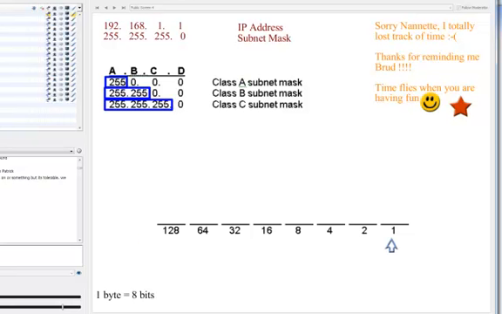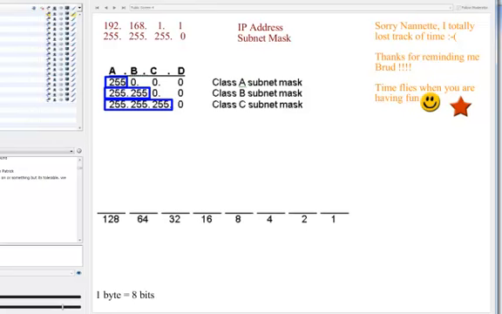So what we have over here, these are 8 bits. Now these are called placeholders. And just to give you an example, let me move this over a little bit, give myself some room.